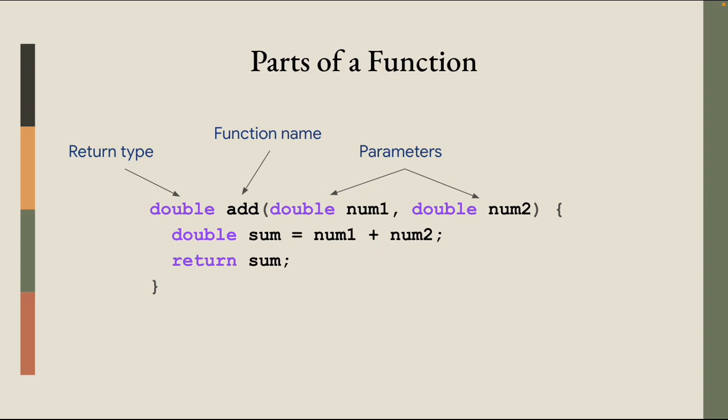We're going to call them num1 and num2. And we are going to use those two doubles to calculate a sum, and we're going to give that sum back to the user.